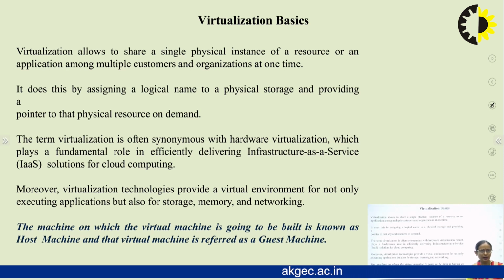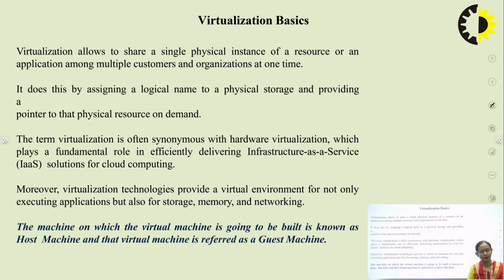A back pointer is created from your virtual resource to the physical resource. The term virtualization is often synonymous with hardware virtualization, and it plays a very important role in the IaaS solution for cloud computing. Without it, we are not able to achieve this concept.